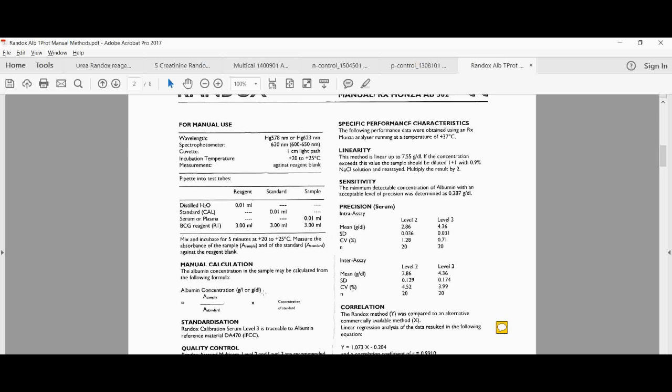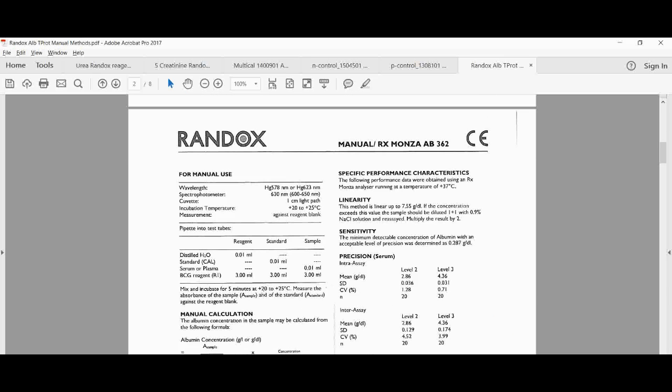Okay, other information on the sheet is specific performance characteristics, and here they talk about the linearity. This method is linear up to 75.5 grams per liter.